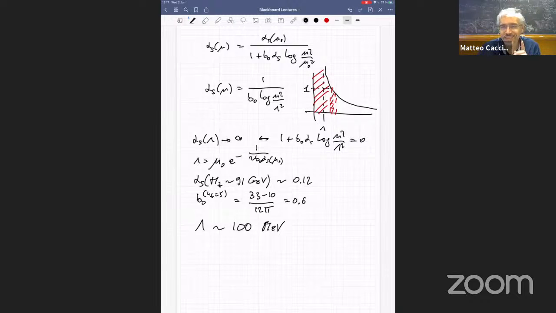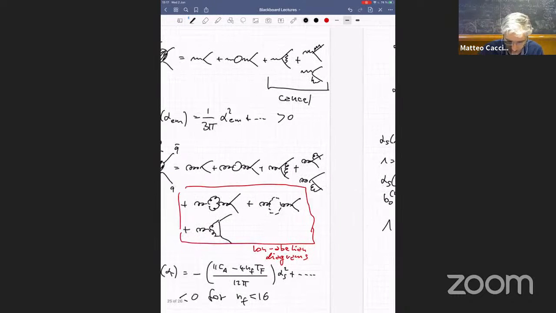Remember, the simple asymptotic freedom would not have guaranteed that in the energy ranges that we can access, the coupling were necessarily small enough. This is something that we have to check and we have to measure. It happens that at energies of the order of a few tens of hundreds of GeV, indeed, the coupling is small enough. It is essentially this plot.